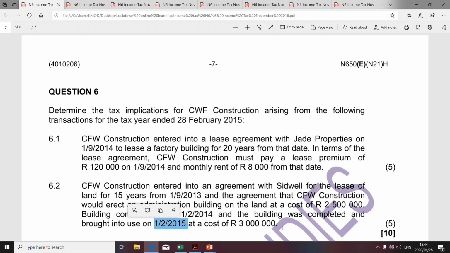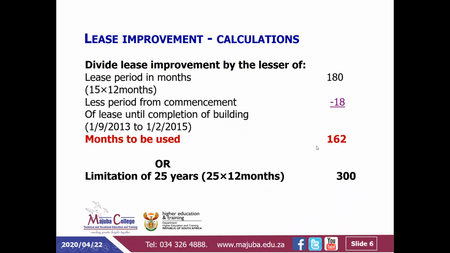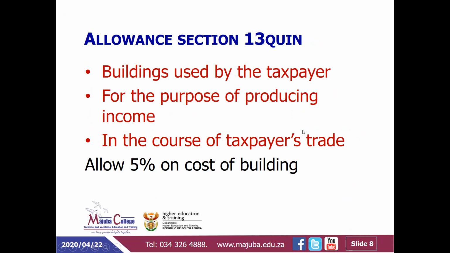Before I even do the calculations, I quickly want to take you to the presentation slide. That's section 13 quin. It's an allowance in respect of buildings used by the taxpayer for the purpose of producing income in the course of the taxpayer's trade, and a taxpayer will be allowed 5% on the cost of the building.